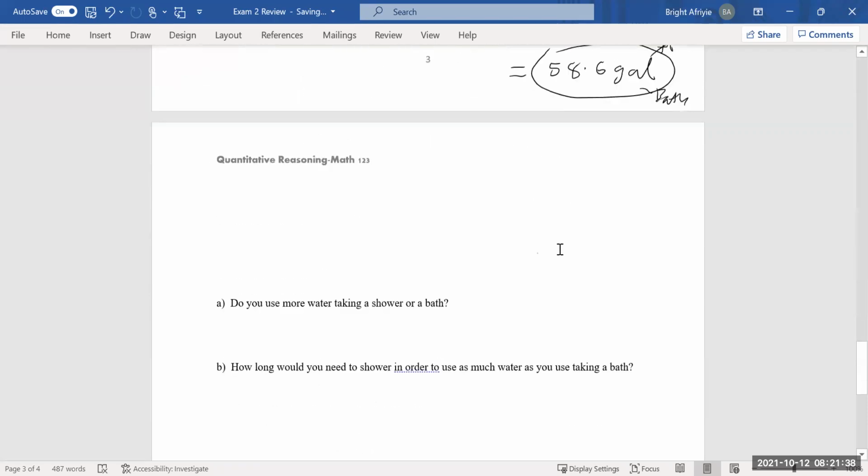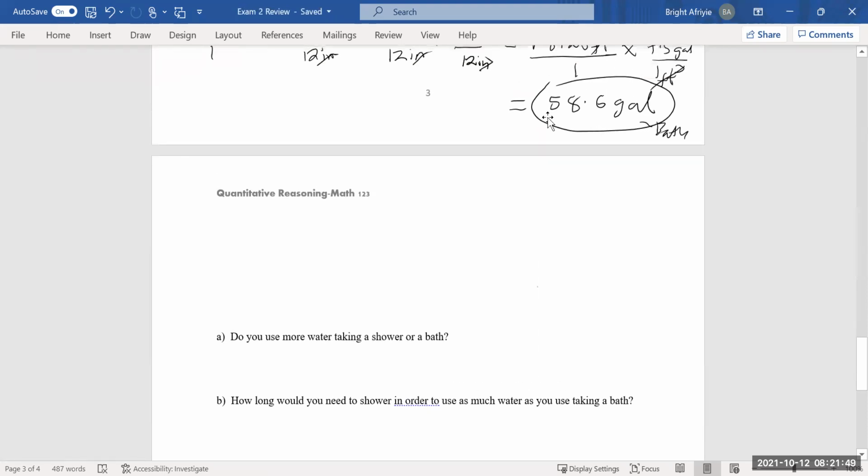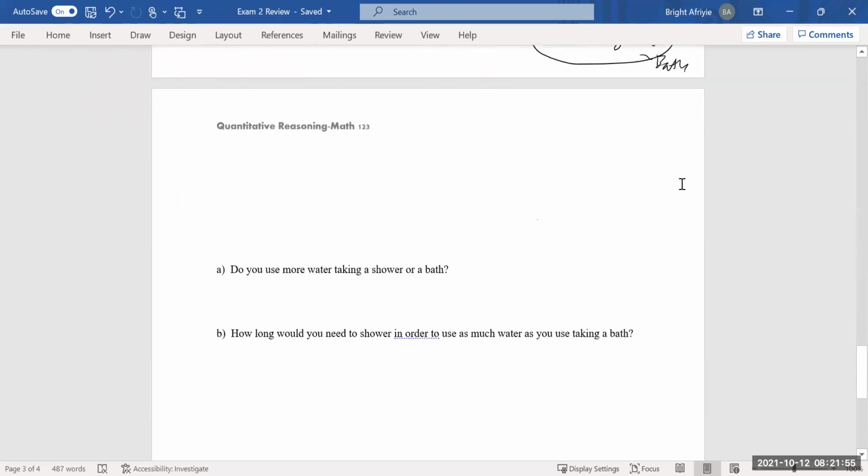Now, it says, how long would you need to shower in order to use as much water as you use taking a bath? Now that you know the volume of water, or the gallons of water, you use for a bath, just divide that by the flow rate. So we're going to do 58.6 gallons by the flow rate of what? 2.5 gallons per minute.